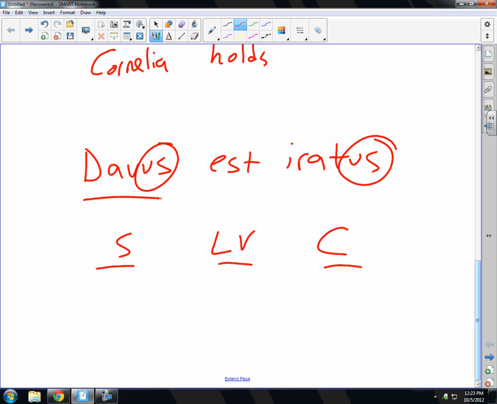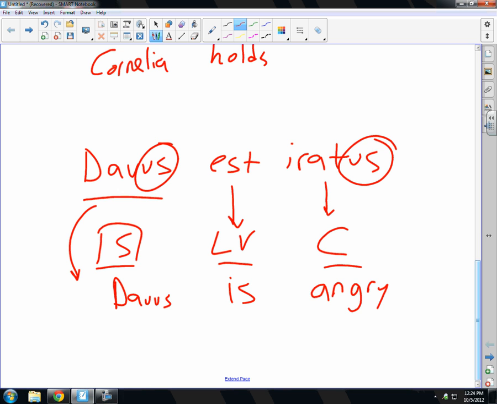Well, if I look at this, I can have either Davus is angry, or I can have angry is Davus. Which one makes more sense? Well, Davus being the subject of that comparison is going to be the subject. The linking verb is. The adjective here describing him, or the complement, is angry. So we have a complement here, we have a subject here.